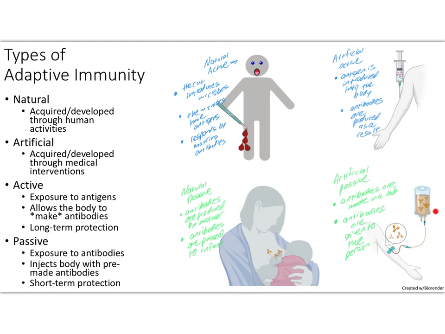Those antibodies are then harvested, put into some kind of solution, typically, and then given to a person either through an IV or some kind of injection. Those antibodies will work against a disease immediately, but they won't last very long. So in the meantime, if the person wants to protect themselves against the disease, their own body is going to have to kick in and start making some antibodies.